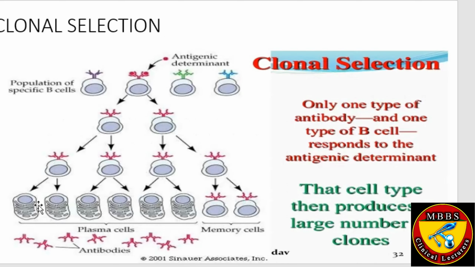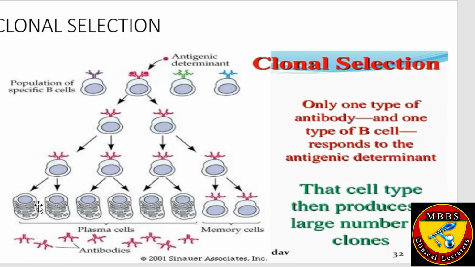So now comes clonal selection. What is clonal selection? It is defined as the antigen selecting a lymphocyte that will undergo clonal expansion and produce more lymphocytes with the same type of antigen receptor.